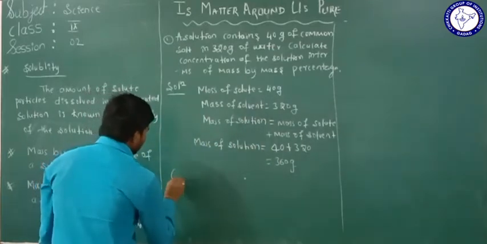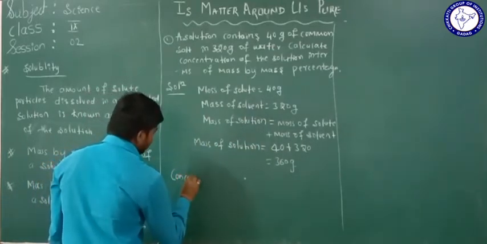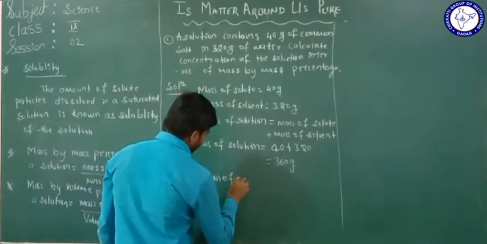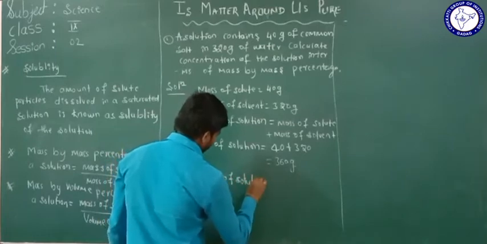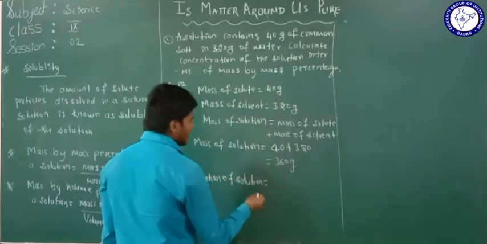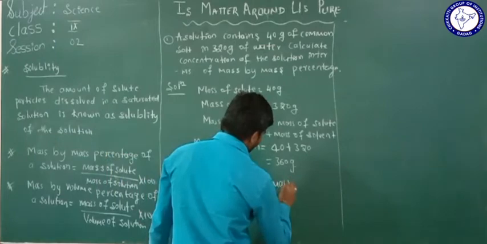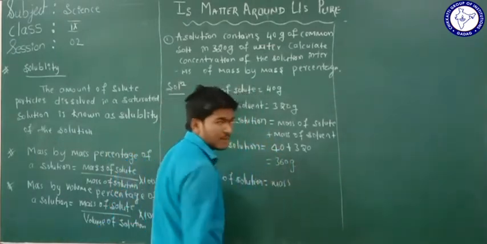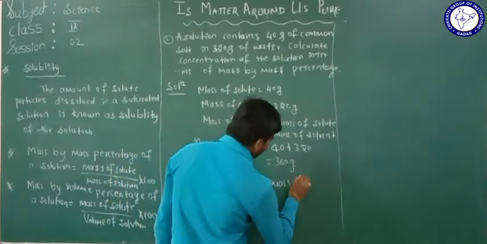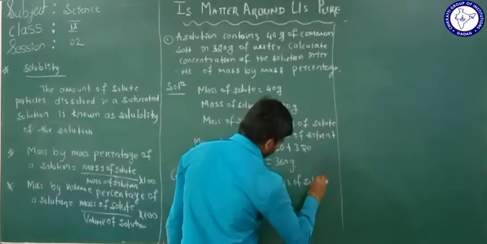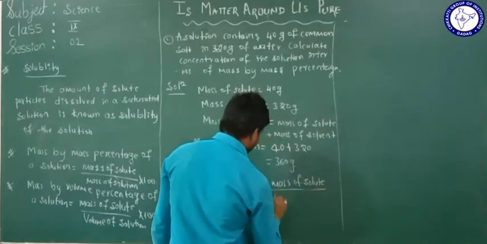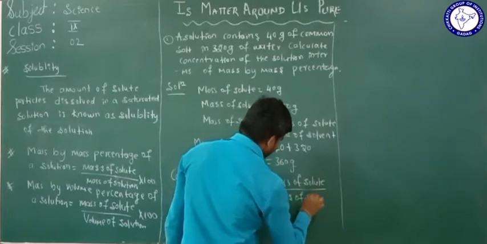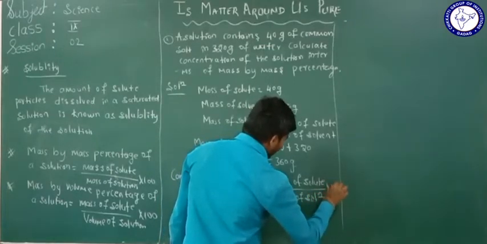So concentration of solution is equal to, using the formula mass by mass percentage, that is mass of solute divided by mass of solution into 100.